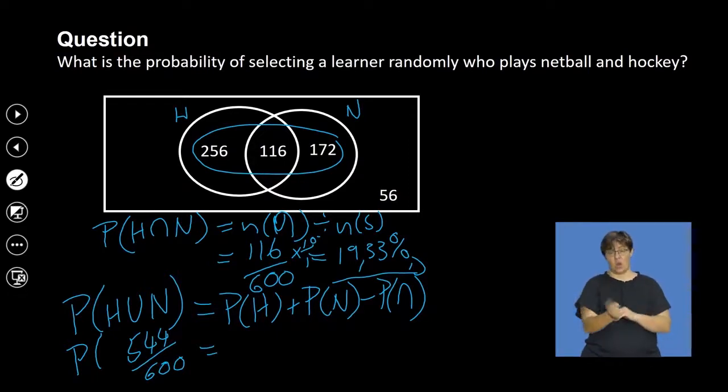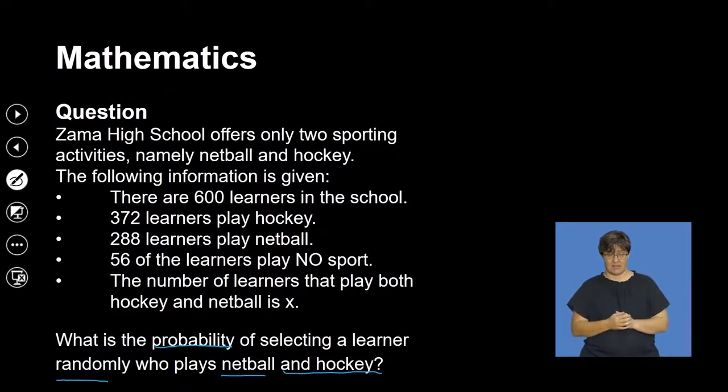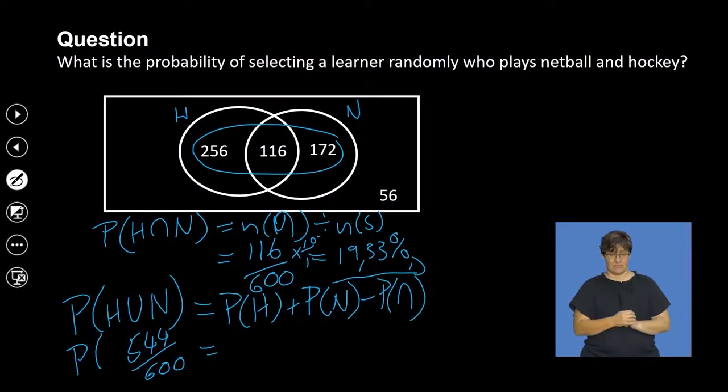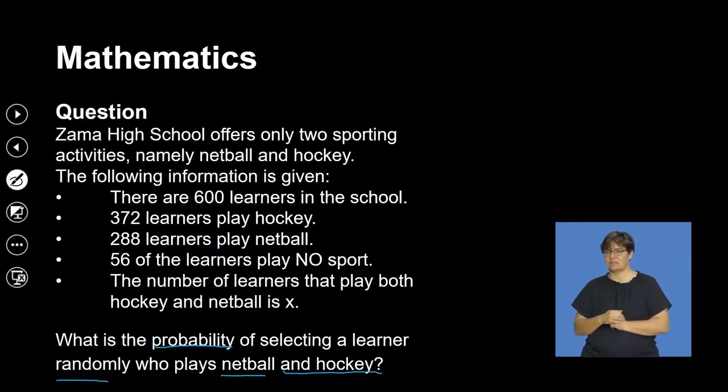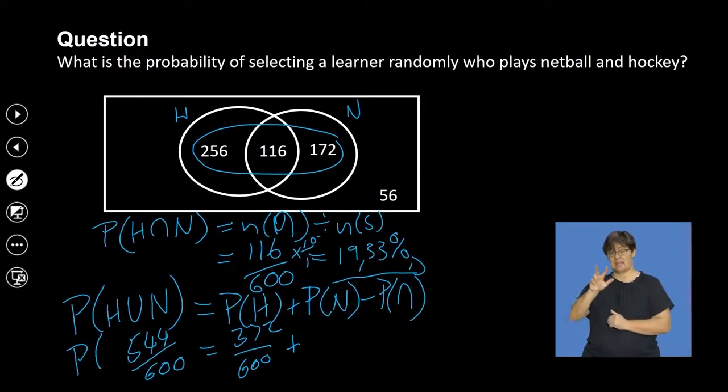And this one is the number that are playing hockey. Now, if we go back to our readings over here, we recognize that there are 372 that play hockey, so 372 out of 600. And then those that played netball, do you remember what that was? Well, it's over here. They've given it to us. It's 288, so 288 divided by 600.